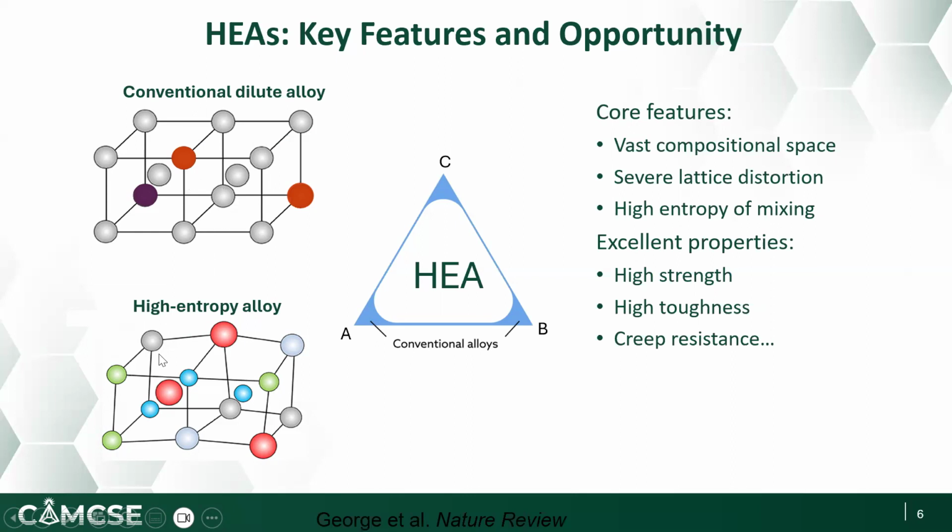Whereas in high entropy alloys, which are composed of multiple principal elements that may have quite different atomic radii, this gives us severe lattice distortion along with a very high entropy of mixing effect. All these core features can lead, sometimes or most times, to excellent material properties, including high strength, high toughness, great creep resistance, and so on.